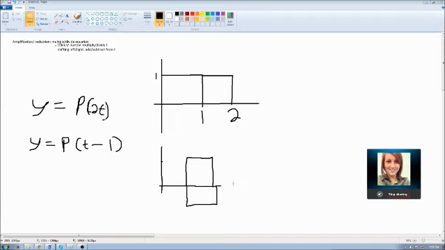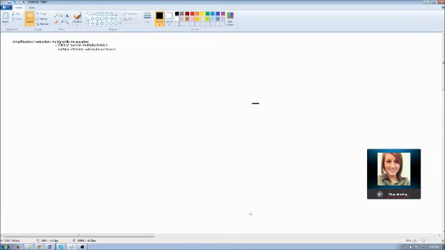We didn't really cover inverting about the y-axis too much. Basically, inverting at the y, instead of having your negative here, you'd have your negative here. So I'm going to get rid of all this.